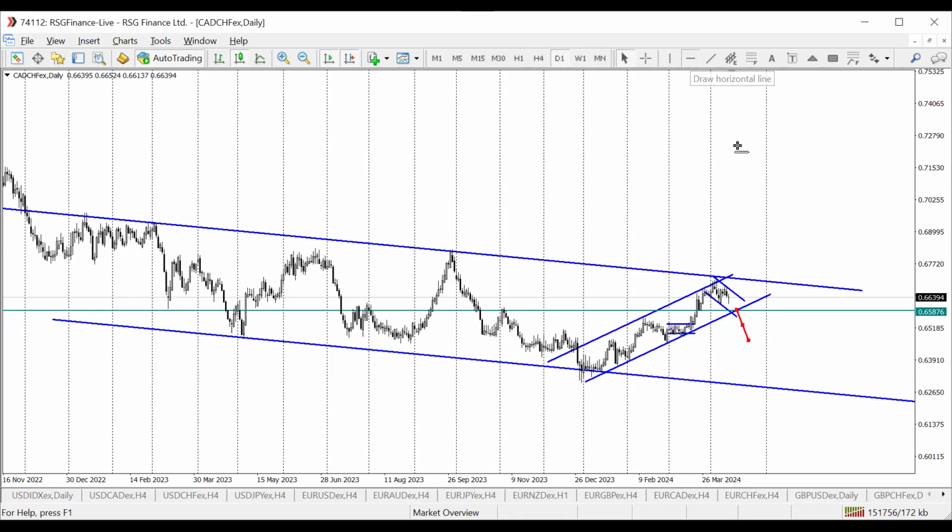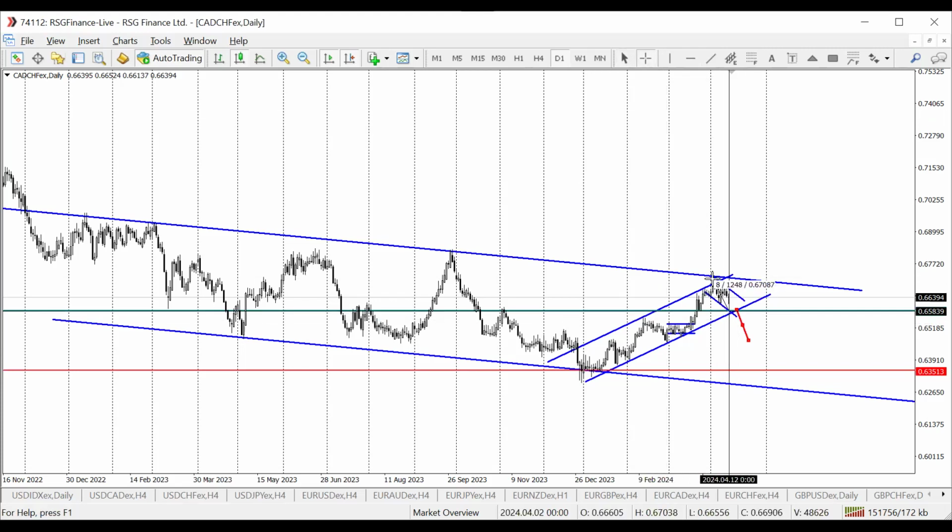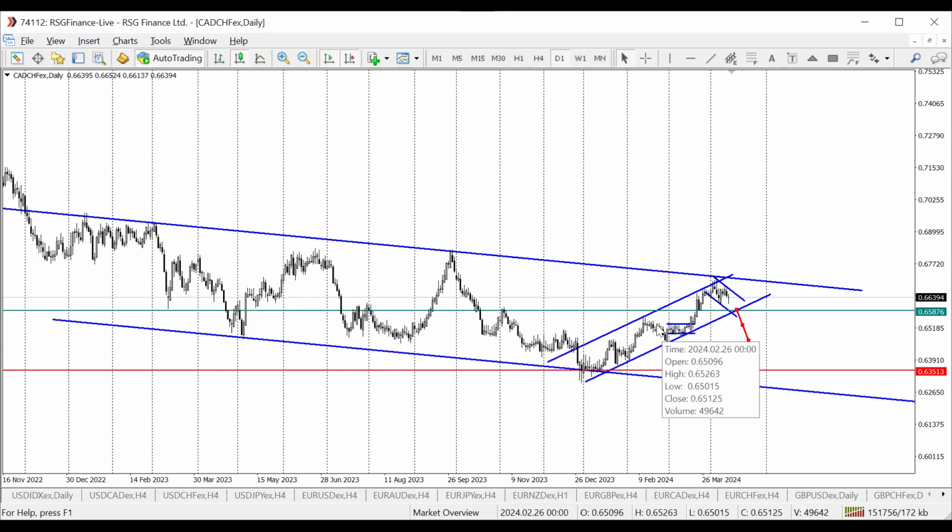So for this kind of trade, you can even trade all the way down, which will give you a huge risk to reward ratio. 128 pips in your stop loss, and you're looking to make 234 pips selling off to the lower boundary of this channel, you see.